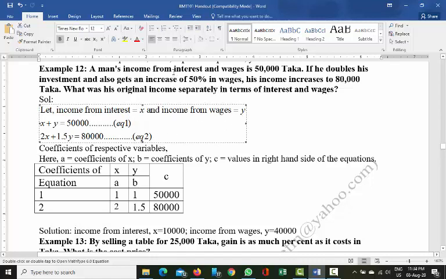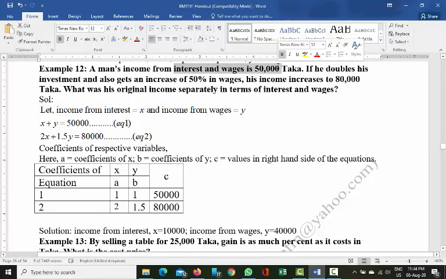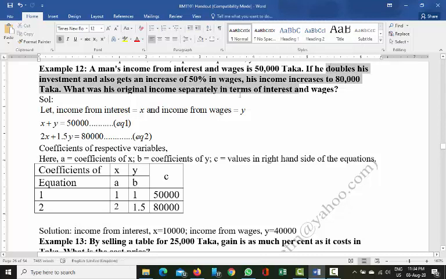So total income from interest and wages, that means x plus y, is 50,000 taka at present. Now if he doubles his investment, interest income will double. So if interest income is x now, then he will get 2x taka, and also get an increase of 50% in wages.